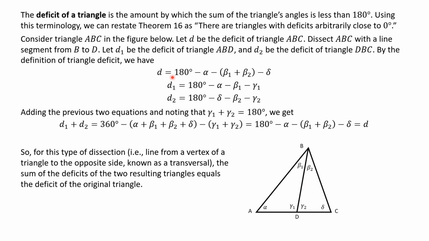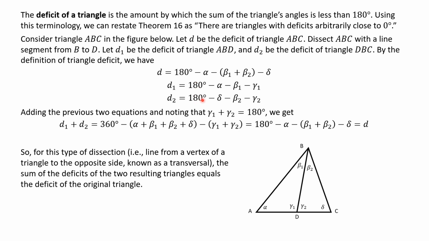We can see that if we just write down the different deficits. The deficit of ABC is alpha plus beta 1, beta 2 plus delta. The deficit of this triangle, ABD, is this, and the deficit of this other triangle, which we'll call D2, is this quantity. Then we note that gamma 1 plus gamma 2 is on a straight line, so it equals 180.